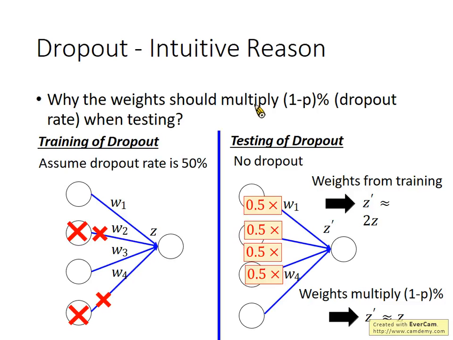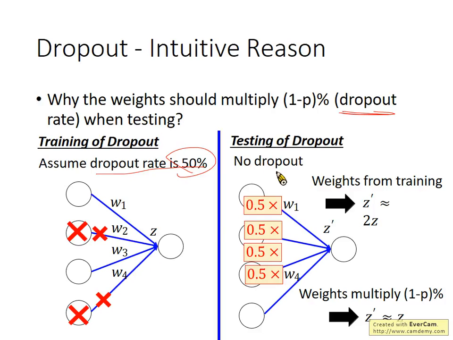And why should the weight be multiplied by 1 minus p%, where p% is the dropout rate? We have some mathematical reasons. In training, assume the dropout rate is 50%, so every time half of the neurons will be discarded.